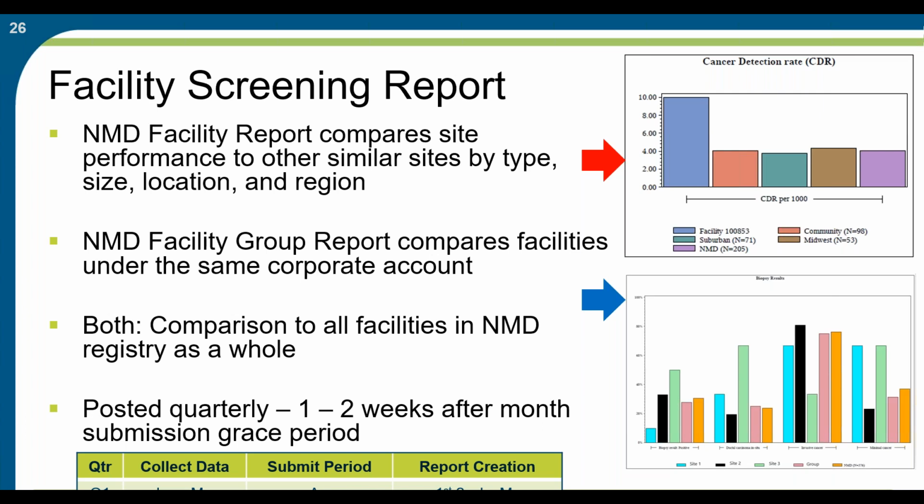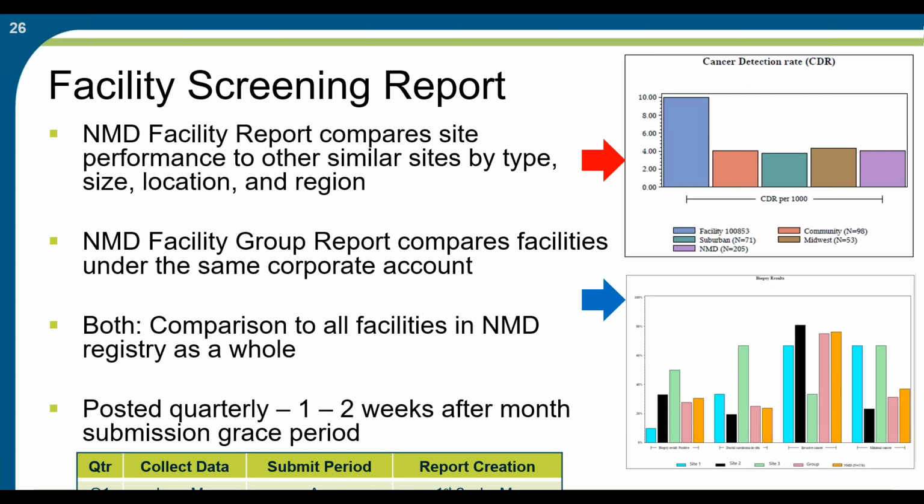You can see this facility is a suburban community facility in the Midwest, and you also are compared to the overall NMD. And then each facility that has designated themselves, if you're in the East, this graph will be different for you.